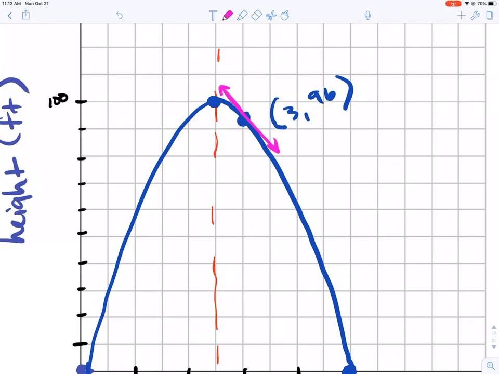So we can see that the arrow goes up, up, up, and we would have positive sloping tangent lines at these points to the left of t equals 2.5, meaning that the height of the arrow is increasing as time is passing. And then it reaches this maximum height of 100 feet, and then it starts going back down.